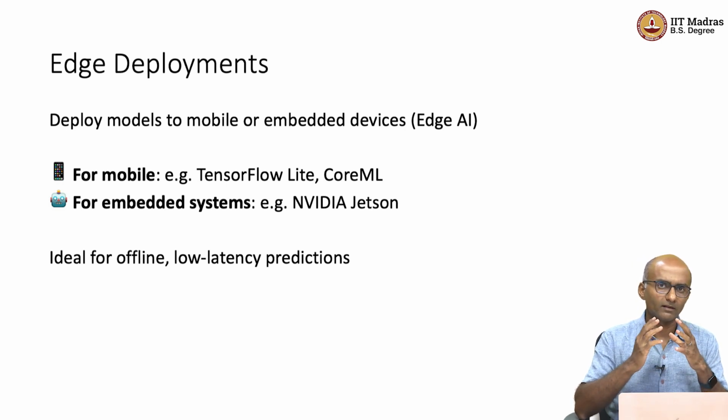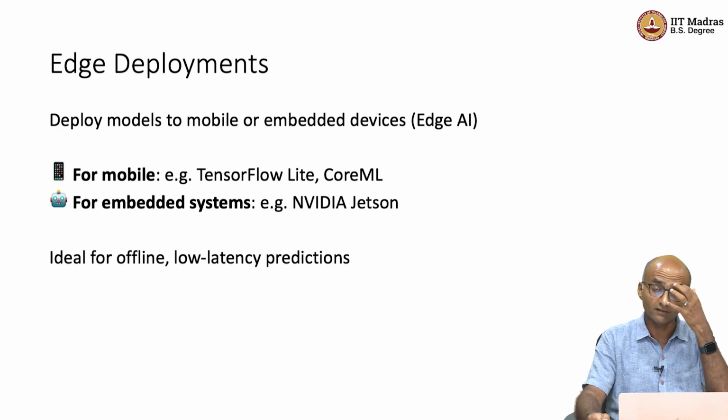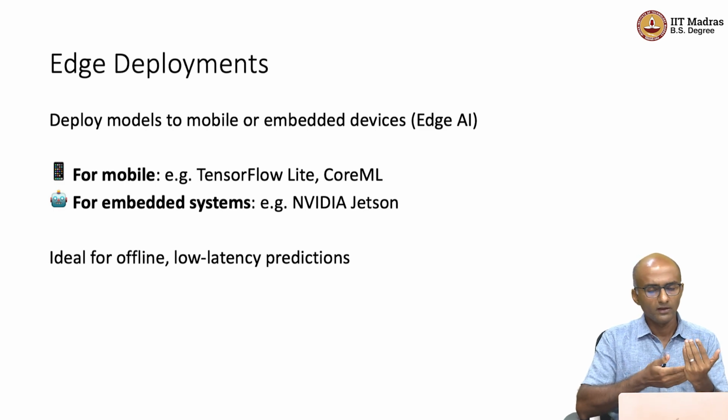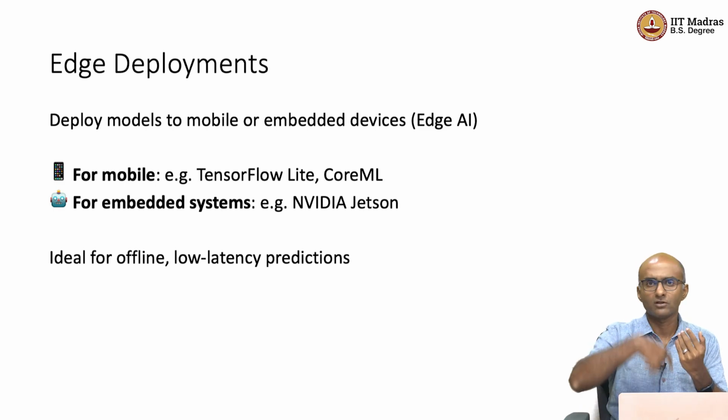So edge AI is basically meant for low latency predictions, where you want the predictions to happen at the point of origin of the data, right? Source of data. So for instance, if you look at the way we use voice assistants on our mobile phone, if we assume that every single time the voice assistant has to talk to a central server to relay our request and then come back with an instruction, it just takes that much longer, right?